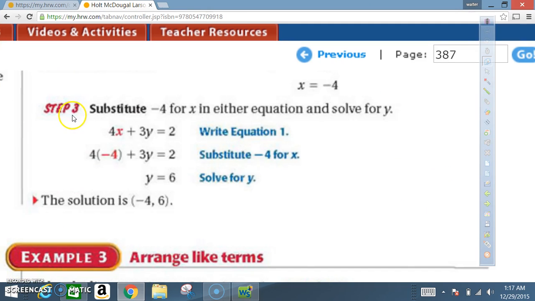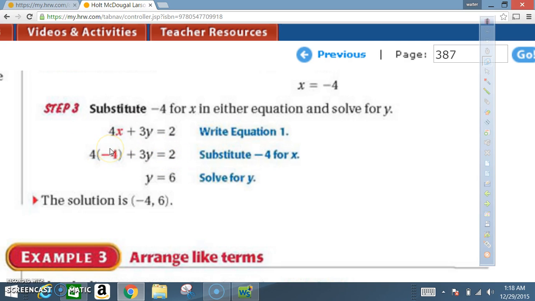Okay, now for step 3, we're going to substitute. We found that x was equal to a negative 4. So in one of the two equations, we're going to put in negative 4. Here we choose the equation 4x plus 3y is equal to 2. In place of x, we're going to put that negative 4. So now I got 4 times a negative 4 plus 3y is equal to 2.